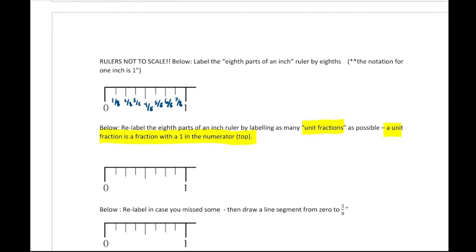So if I go back and look at this, I have 1/8, there's a 1 on top. 2/8 can be written as 1/4. 3/8 can't be written as anything else. 4/8 could be 1/2. 5/8, 6/8 can't be written as a unit fraction, but we could write it as something smaller if we wanted to. We could write it as 3/4 if we did want to, and then 7/8.